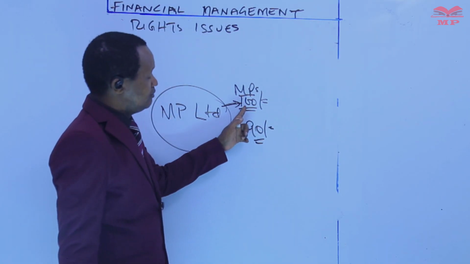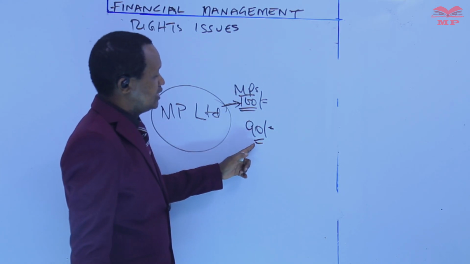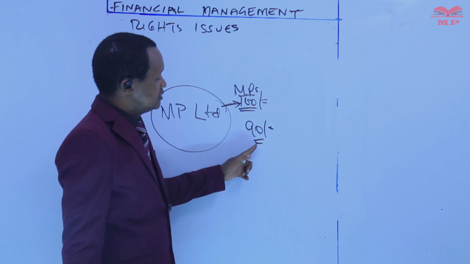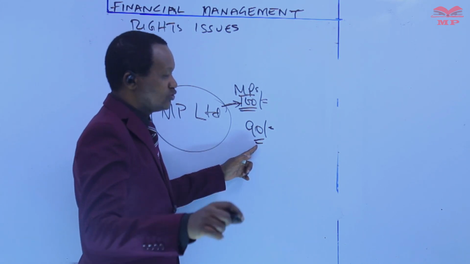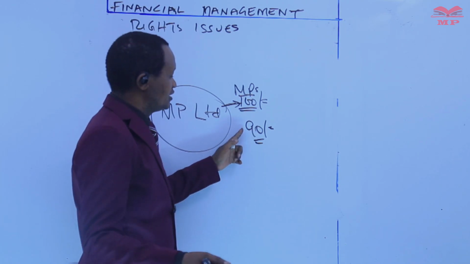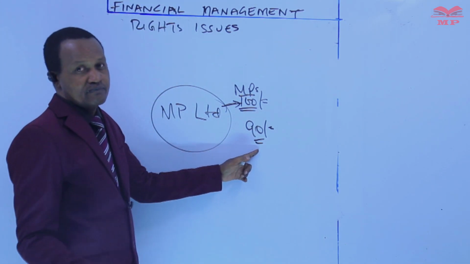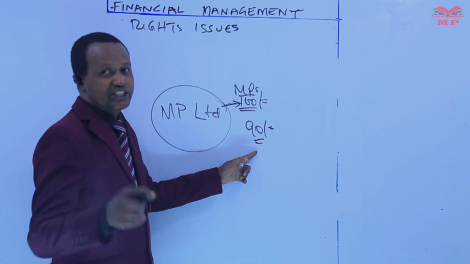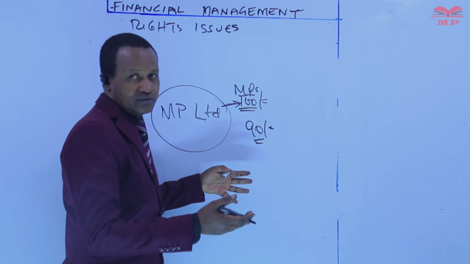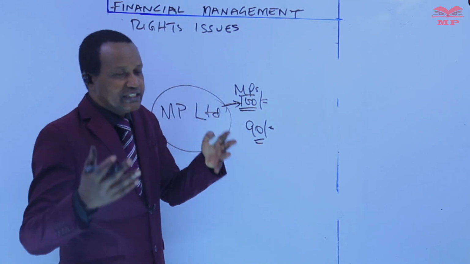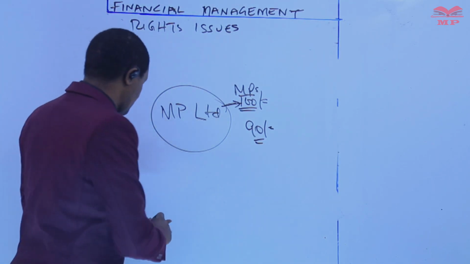So it is a type of equity financing. A rights issue is a part of equity because it's money that is raised from the shareholders. Because they already hold shares, they are given additional shares at a predetermined discount price. So that's the meaning of rights issue.